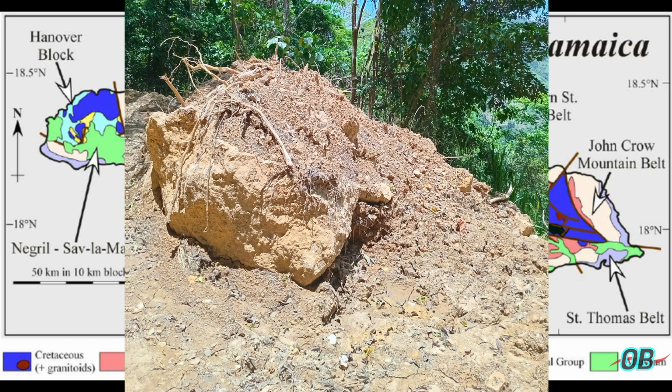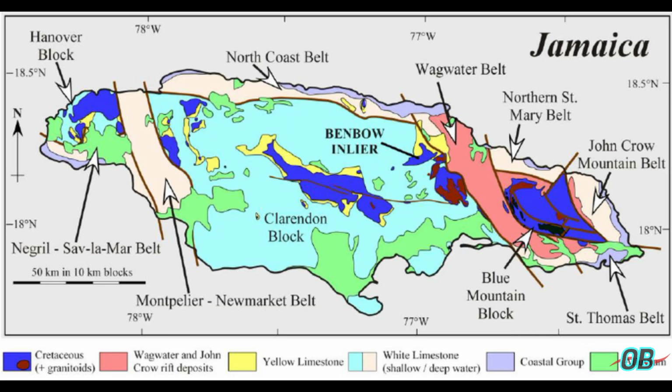In that respect, it can contribute to flooding in certain areas. We can see the yellow limestone group surrounds the igneous group, which is somewhat blue, or consider this area as the blue area.